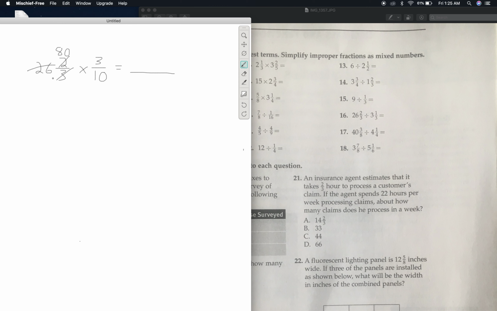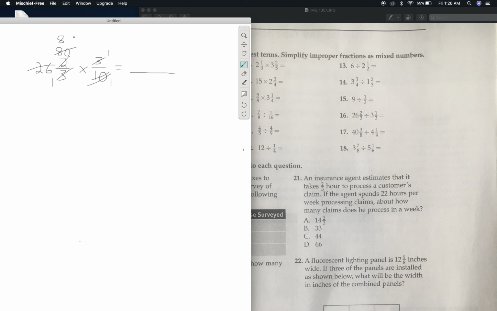Okay, so we make that a 1. The 3 goes into 3 one time. 10 goes into 80 8 times. So change this to an 8, then this to a 1.